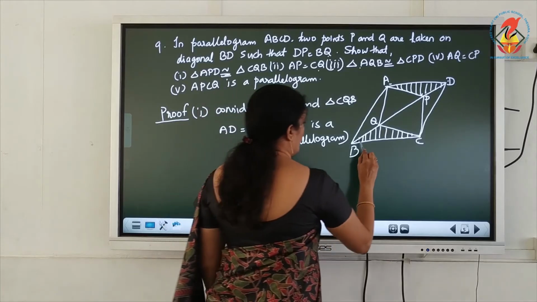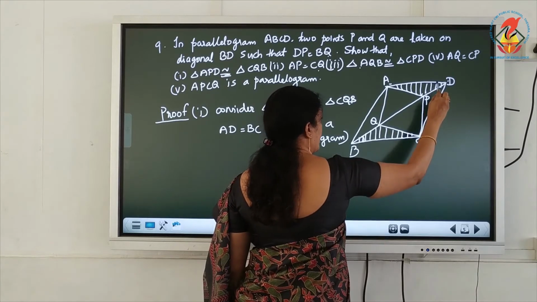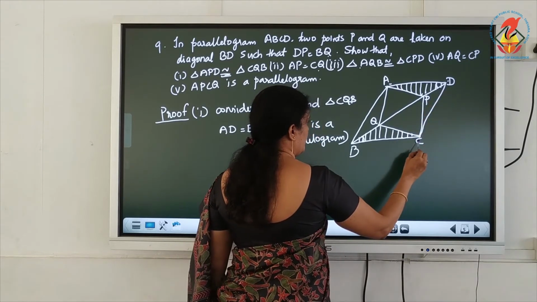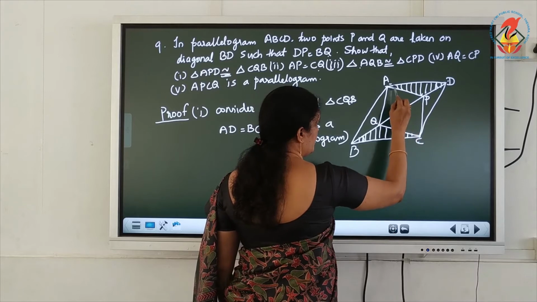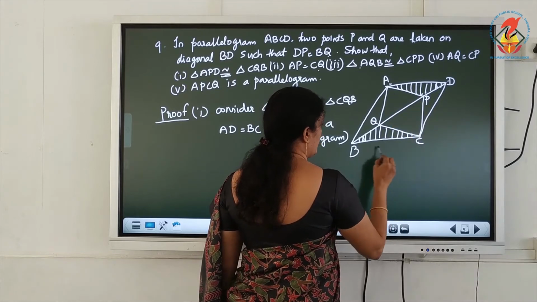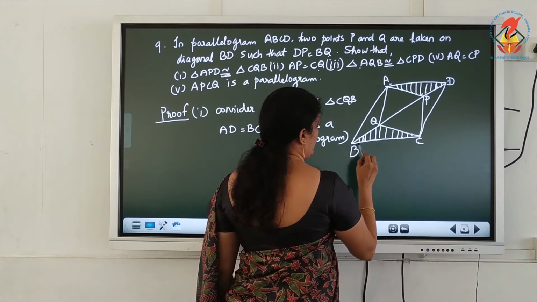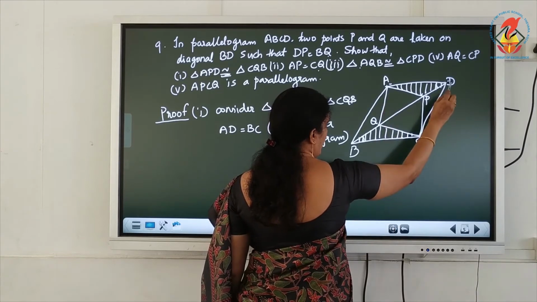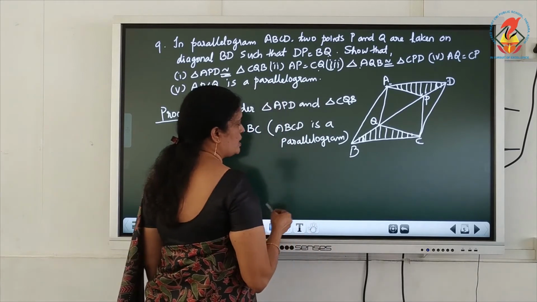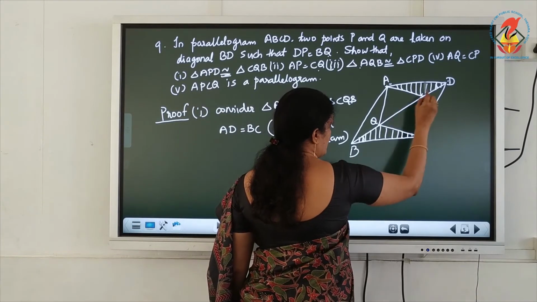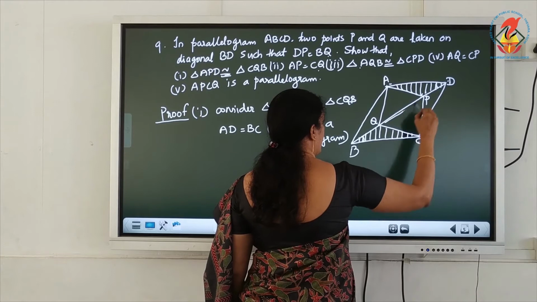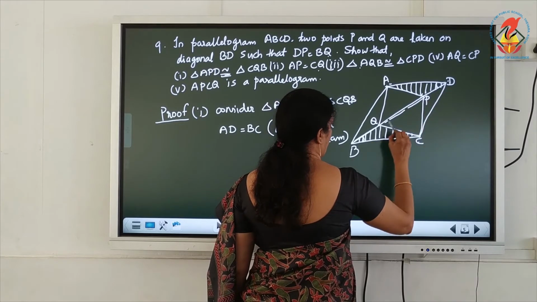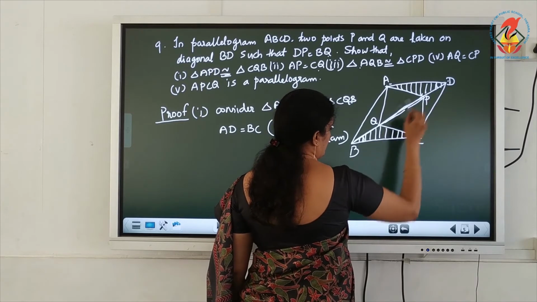Next one, these two angles are equal. In triangle APD and triangle CQB, angle CBQ and angle ADP are equal. What is the reason? These two sides are parallel, and this line acts as a transversal.